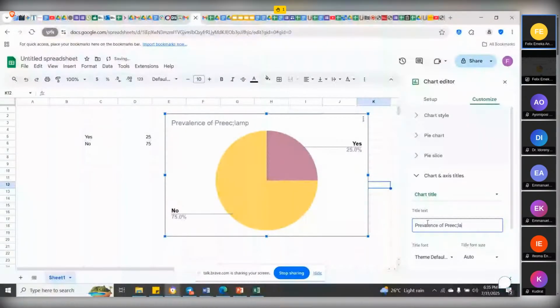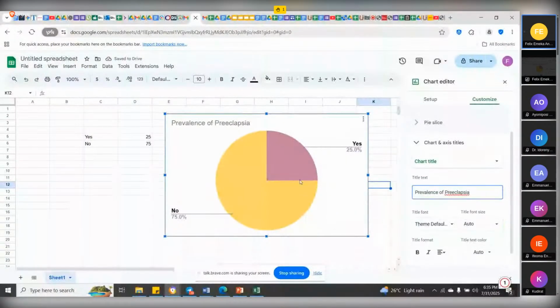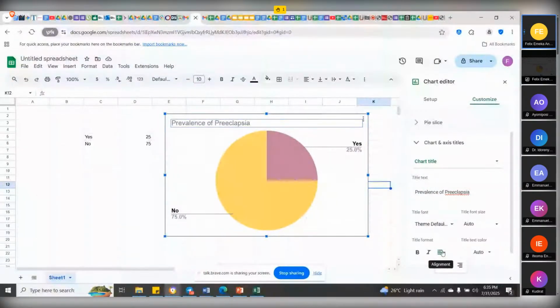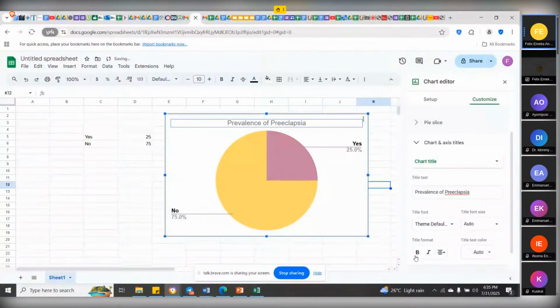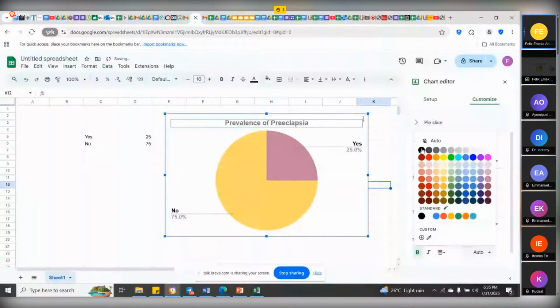Prevalence of preeclampsia. Okay, so you have titled it. You see that it is in this corner. You can use this to bring it to the middle. You can make it bold if you want. If you don't like the color, you can come to auto color and make it black.